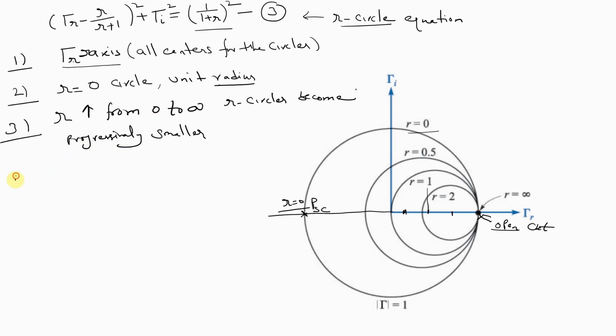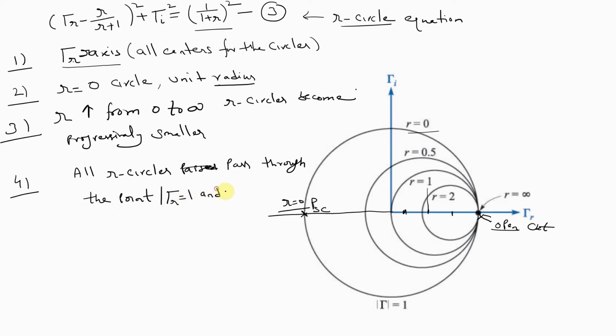And the last one, the fourth property of these r circles: all r circles pass through the point gamma R equal to 1 and gamma I equal to 0.